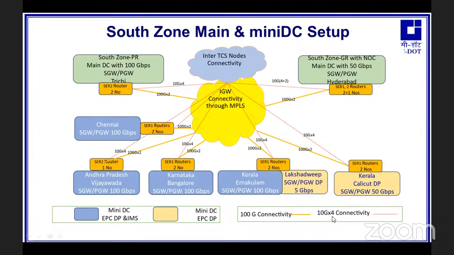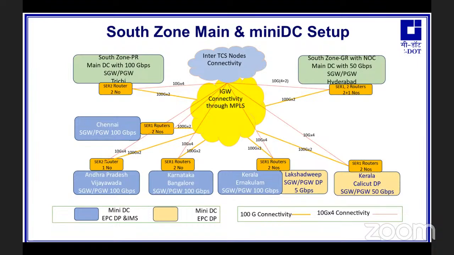100G connectivity and 4 cross 10G connectivity. 10G connectivity will be either L2 or L3, and we have C-DOT router to ACR. So it is 10G, C-DOT router to ACR, connected.